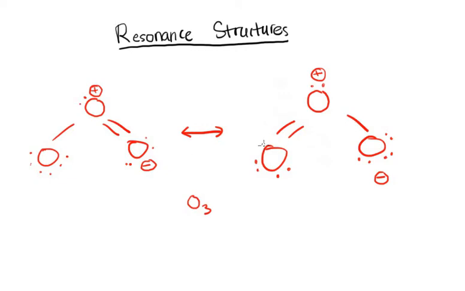Now, the thing with resonance structures is ozone experiences this thing called resonance, where it can be a hybrid of both of these structures, meaning the resonance hybrid that forms is a mixture of these two structures. So when I draw that, I'm going to draw that right here.